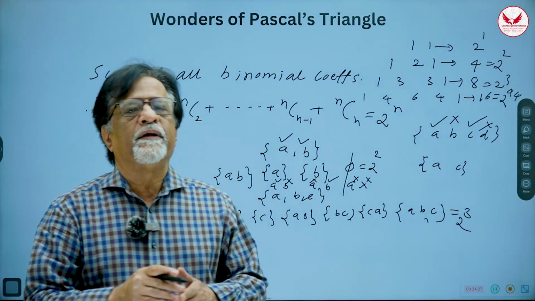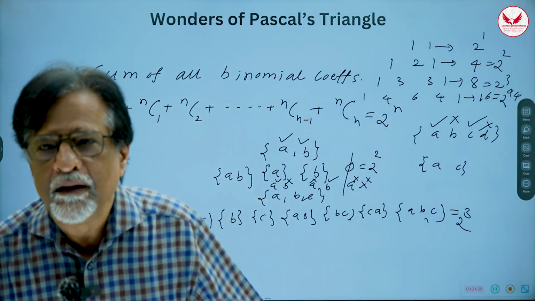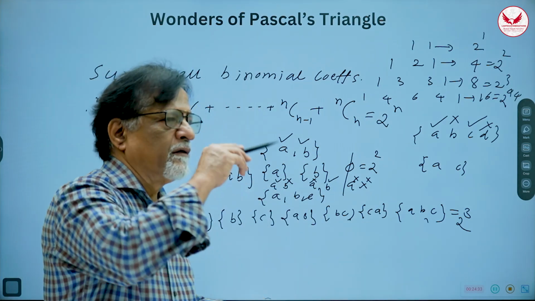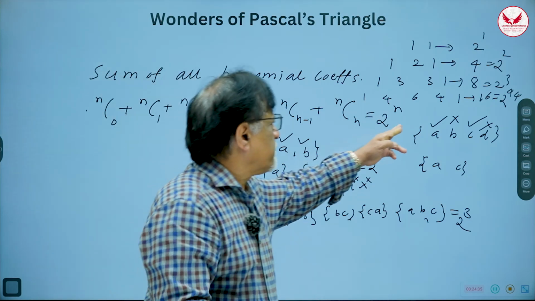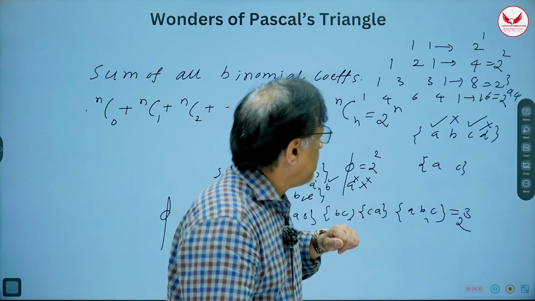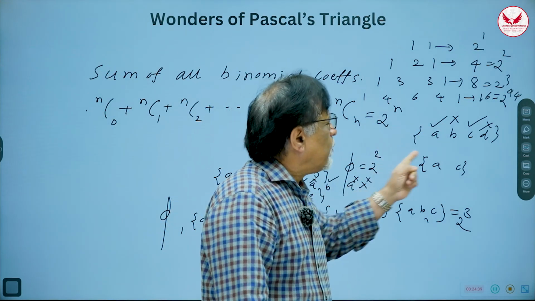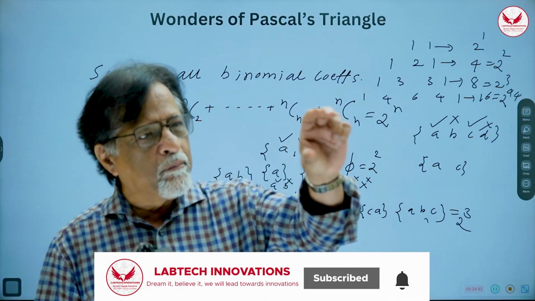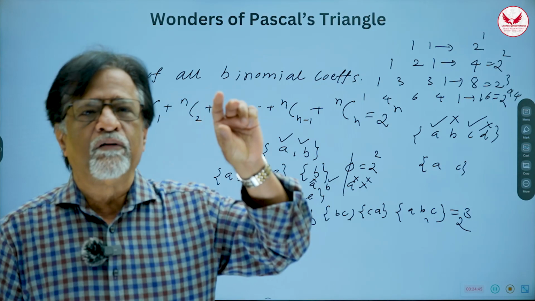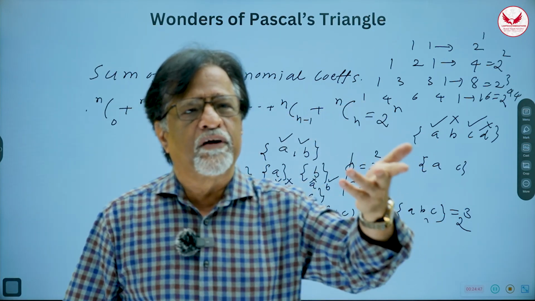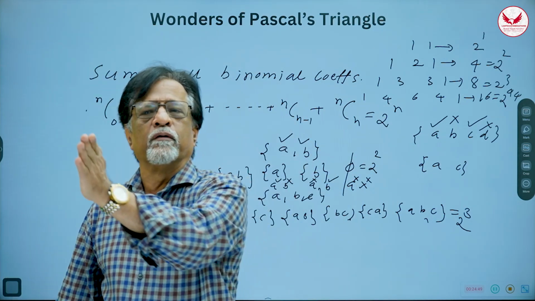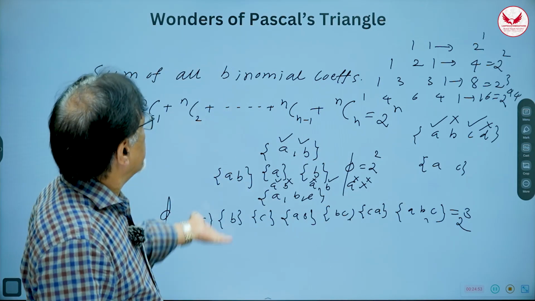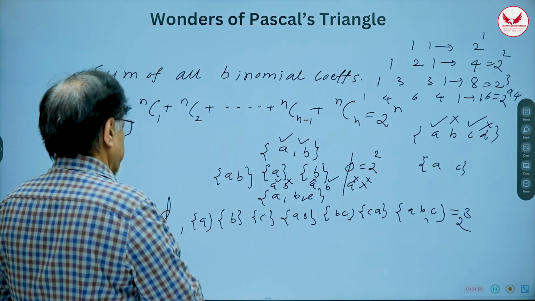Every element either is present or absent, so there are only 2 ways, and there are n elements. Every element will have one mark, so it can be either chosen or rejected. So 2 into 2 into 2 into 2, it becomes 2 raised to n. That is another wonder of this particular triangle. Okay, fine.